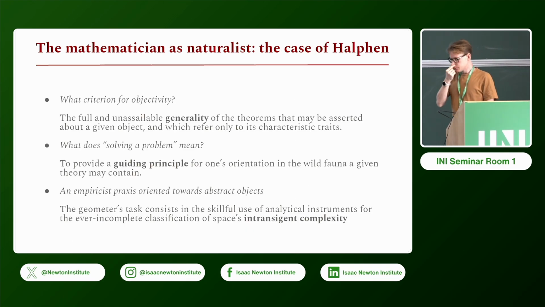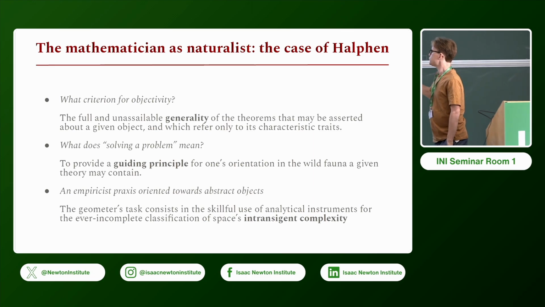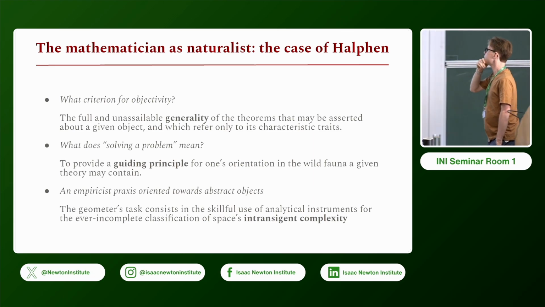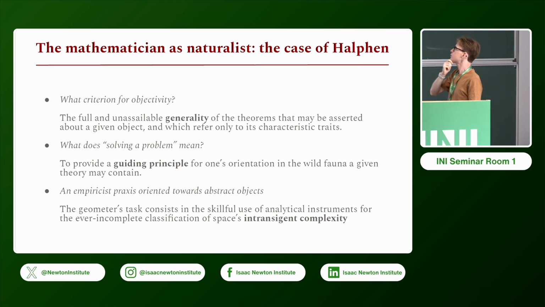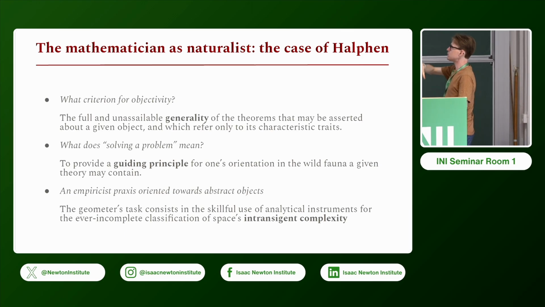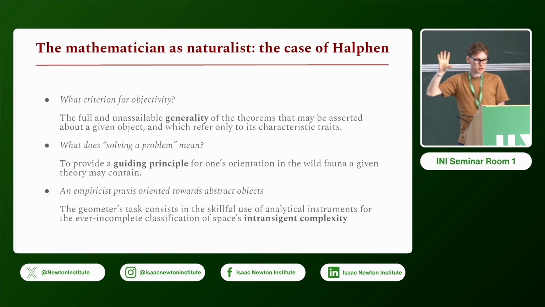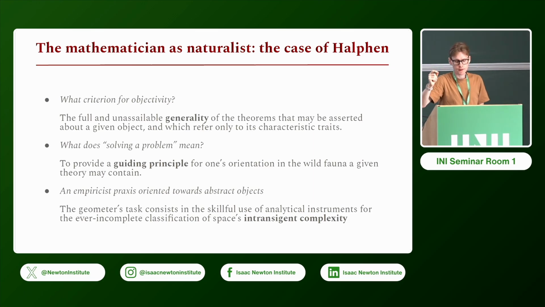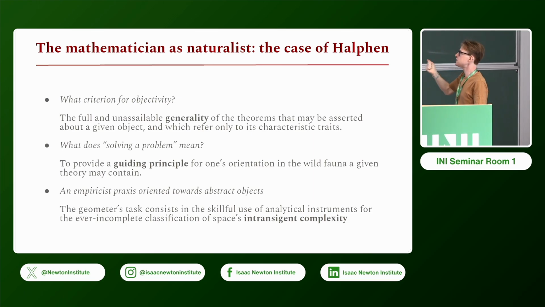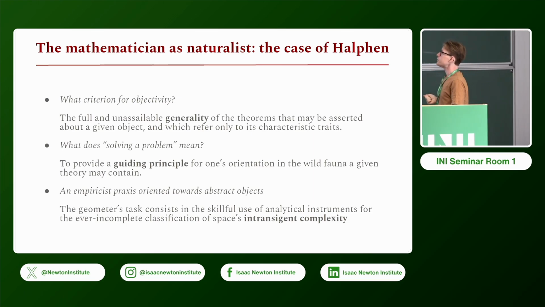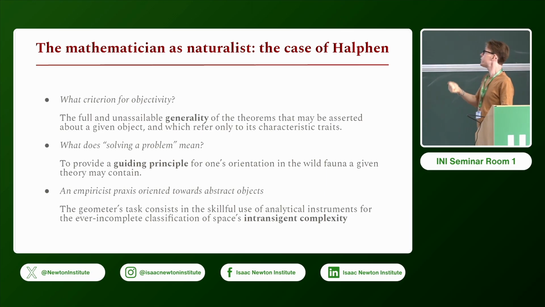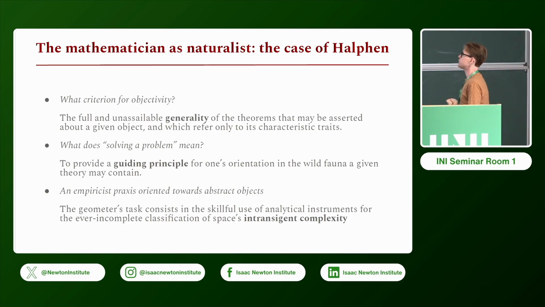Okay, so concluding this overview of Halphen's geometrical work, we have, through these two examples, systems of conics and skew curves. Here's what conclusions we might draw. So first of all, what is the criterion for objectivity here? Well, it's the full and unsayable generality of the theorems that may be asserted about a given object.